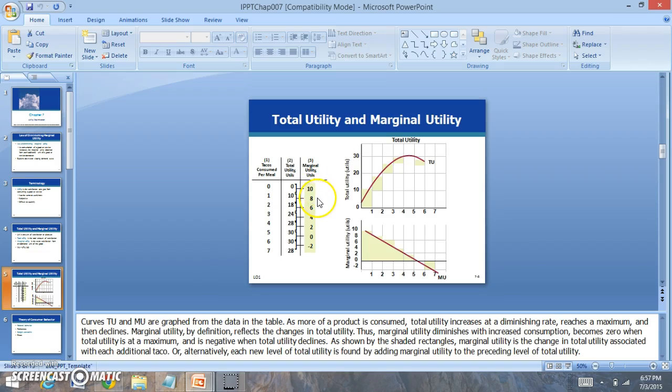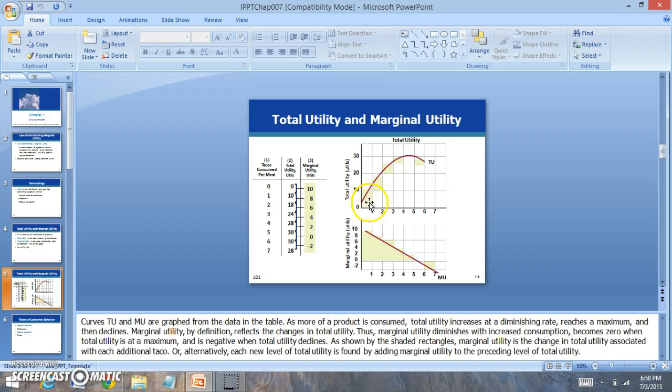So from the first unit I get 10, the second I get 8. That change from 10 to 8 is classified as the law of diminishing marginal utility.